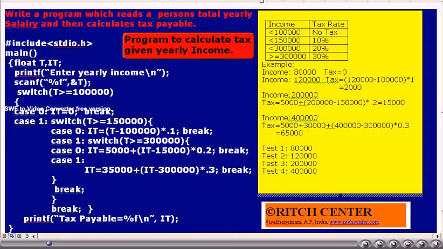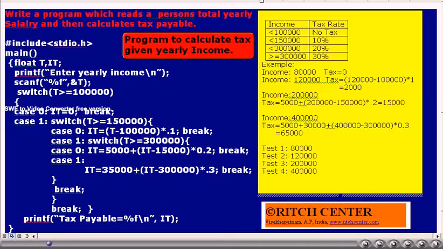Now let us consider another candidate whose total income is 2 lakhs, which means that for the first 1 lakh he is not required to pay anything. For the next 50,000 rupees, the tax rate is 10%. That is 5,000 rupees.